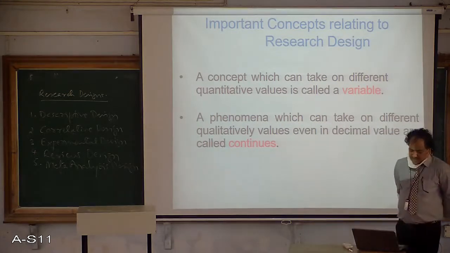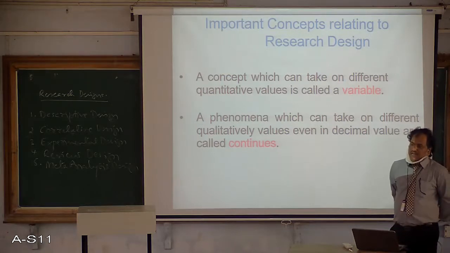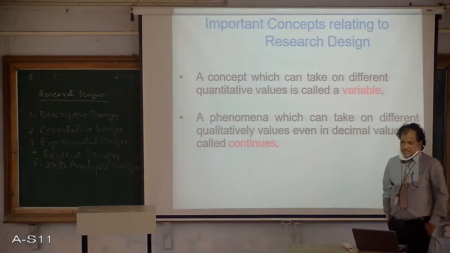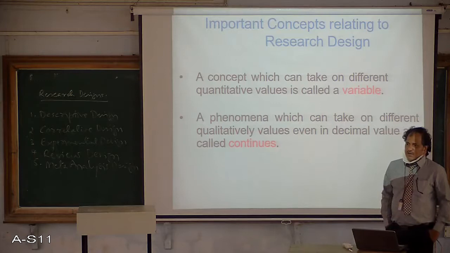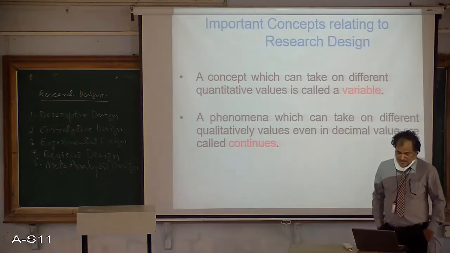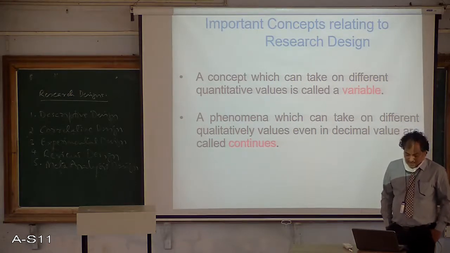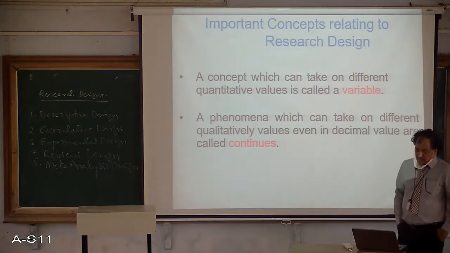Suppose a weather monitoring problem is addressed by the researcher, and he takes one of the variables as temperature. That variable is going to take different quantitative values during the analysis or during the research process. So variable is the first concept that is important in research design.